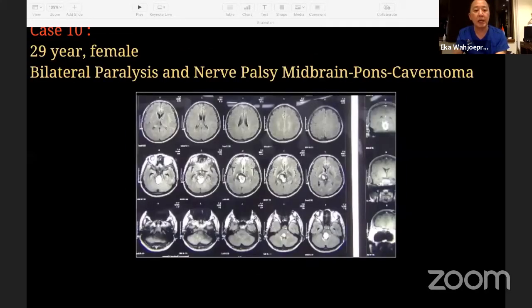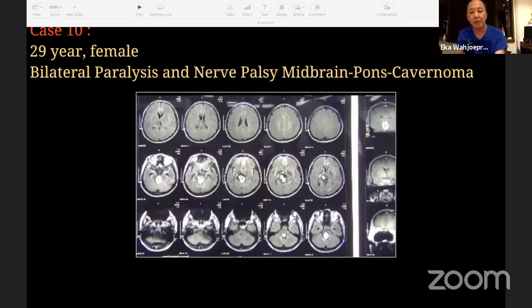So this is another unique case, a 29-year-old female with a bilateral paralysis and nerve palsy. This is a huge cavernous angioma located from the midbrain going to the pons. So what is the best approach for this?